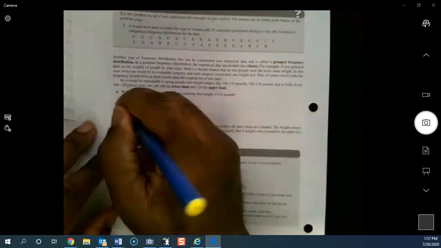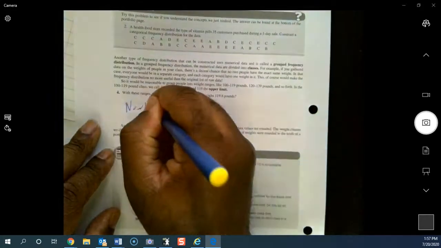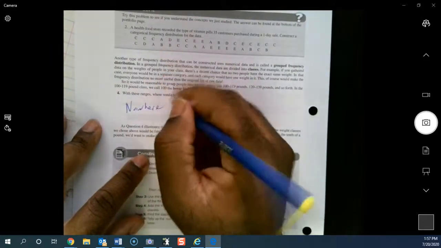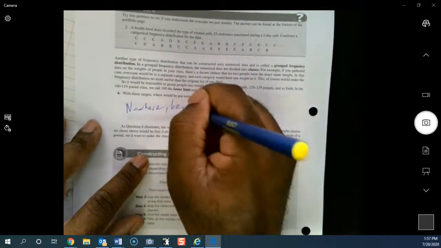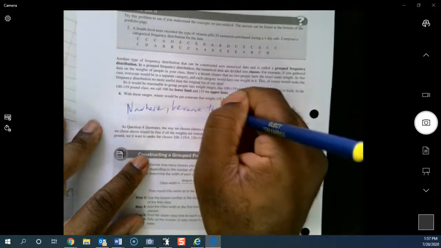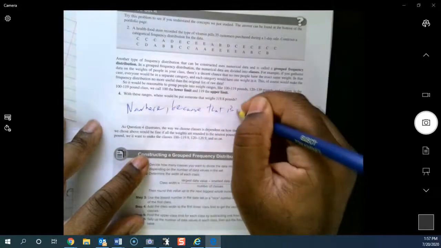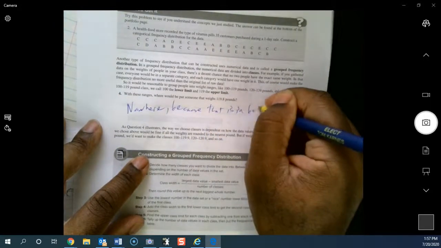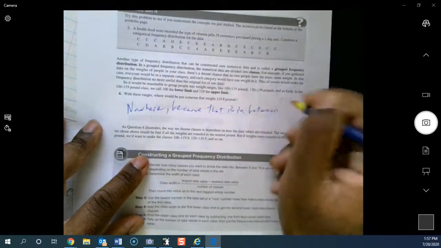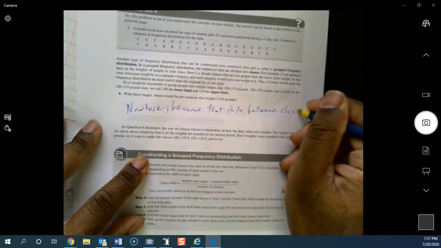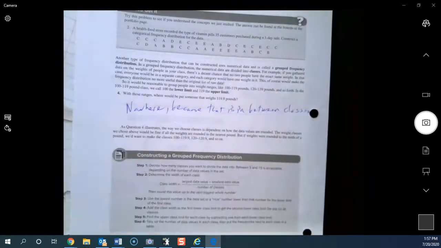119.8 pounds? It'd be nowhere, because that is in between classes. It'll be nowhere.